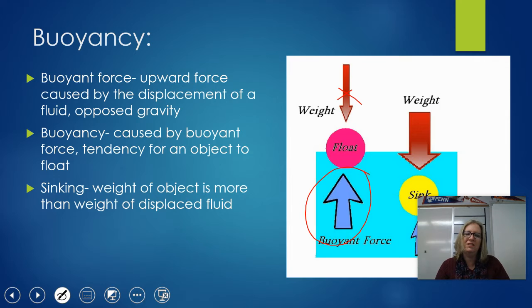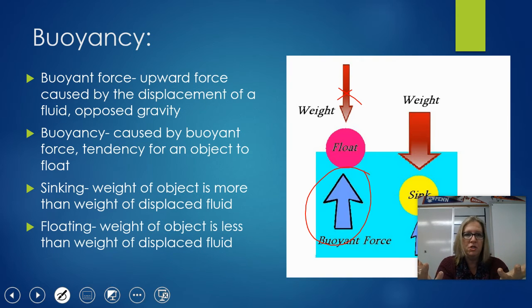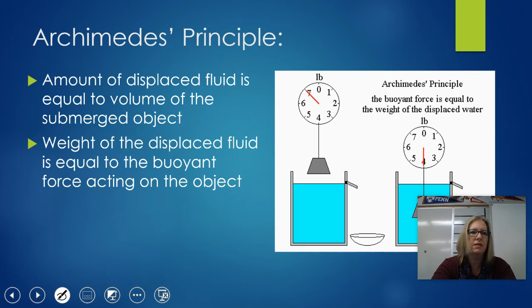So an object will displace a certain amount of water, okay? If the weight of the object is more than the weight of the fluid displaced, the object's going to sink. If the weight of the object is less than the weight of the fluid displaced, then the object is going to float, okay? We'll do some examples of that in class.